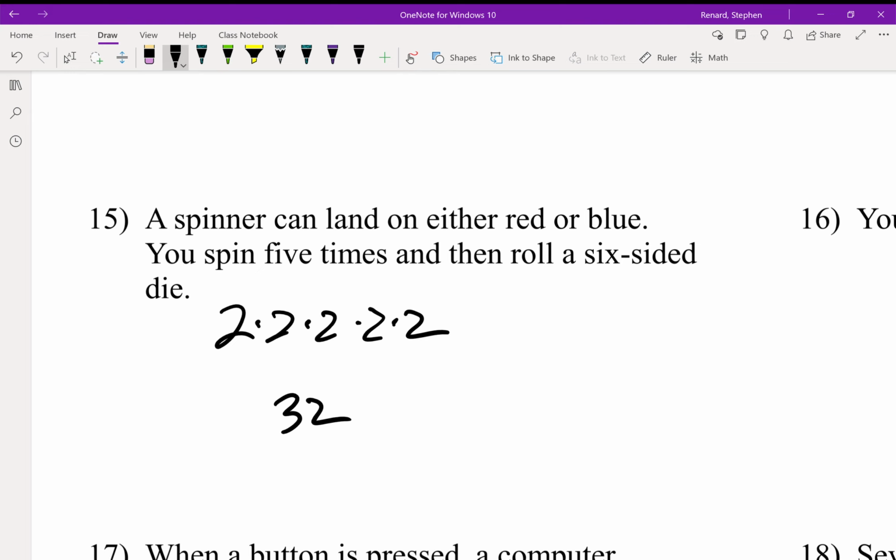Anyway, you get the point. There are 32 different ways that can happen if you're spinning it 5 times. You're then rolling a 6-sided die. And so simply by that one extra action of rolling a 6-sided die, after the 5 spins, you get 192 different outcomes.